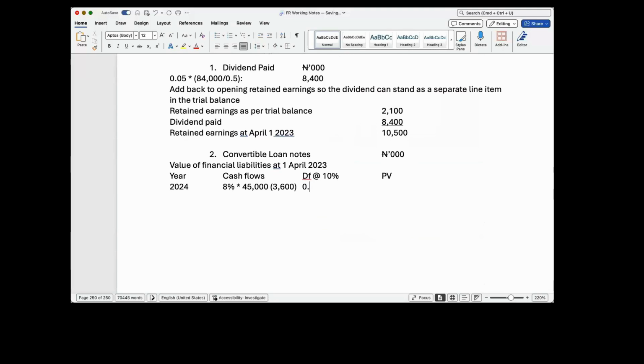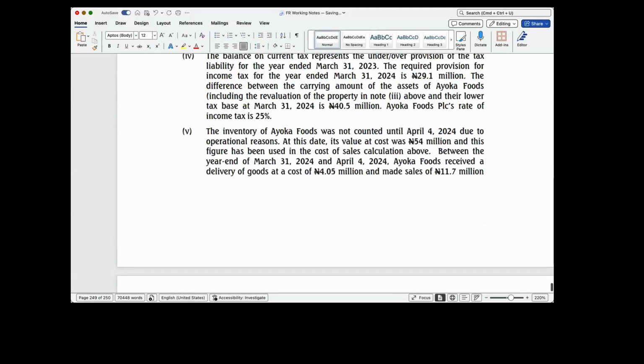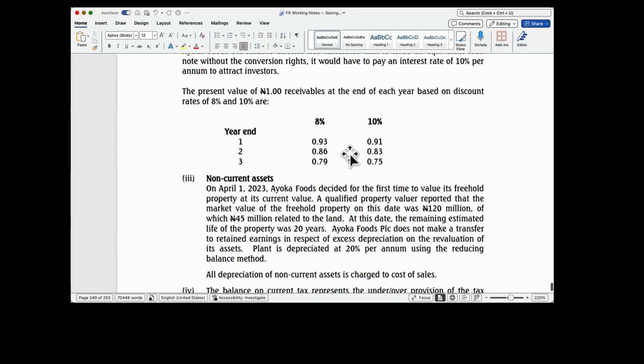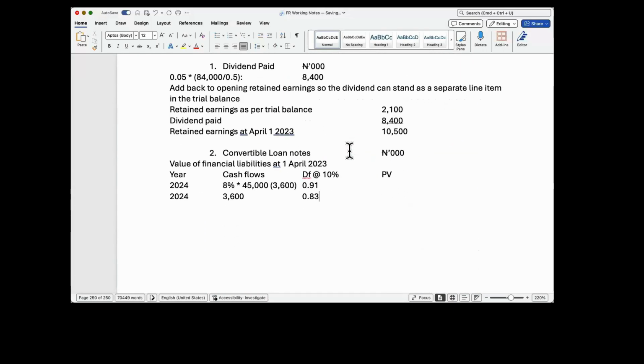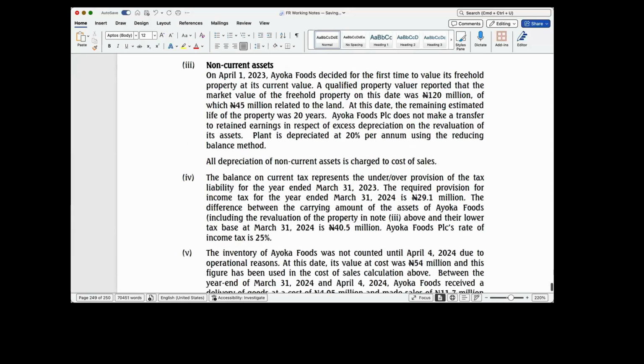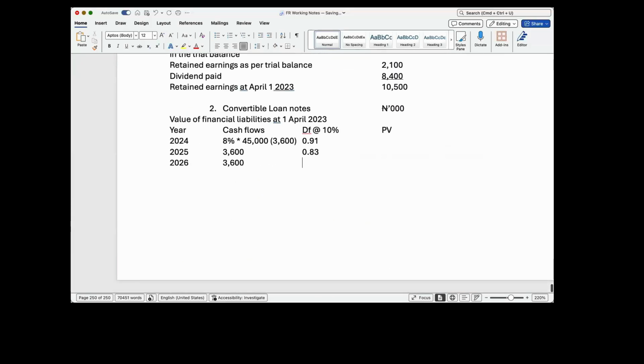0.91. So I'm using the 10% discount factor. So 0.91. In 2024, another 3,600, and that would be 0.83. And this is 2025. And in 2026, this is 0.75.